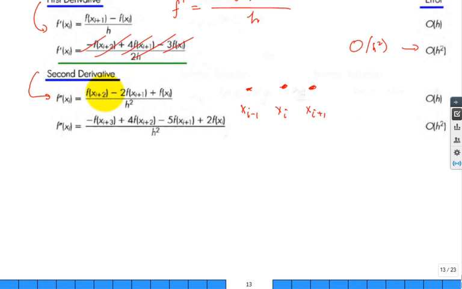Then you take the value; even this one is forward differenced on the second derivative, but it's more common to have f at i minus 1, minus 2 f at i, plus f at i plus 1, all divided by delta x squared, or h squared. Remember that? You're discretizing it.